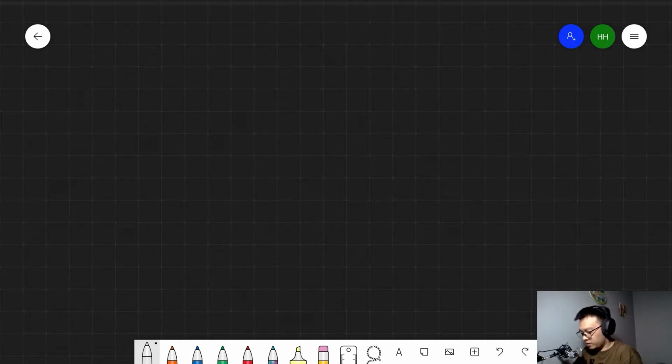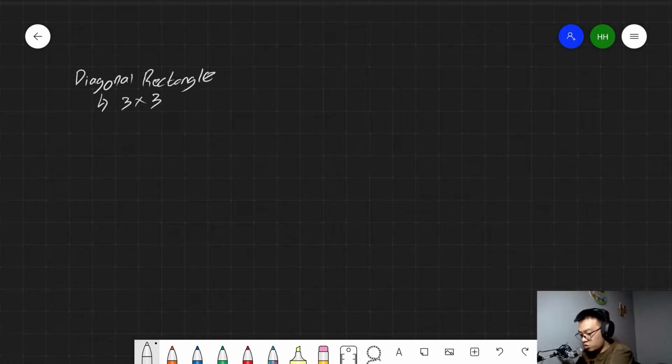So now we have the diagonal rectangle. Let's say your diagonal rectangle is 3 multiplied by 3. It's supposed to look something like this, only the diagonals, right?